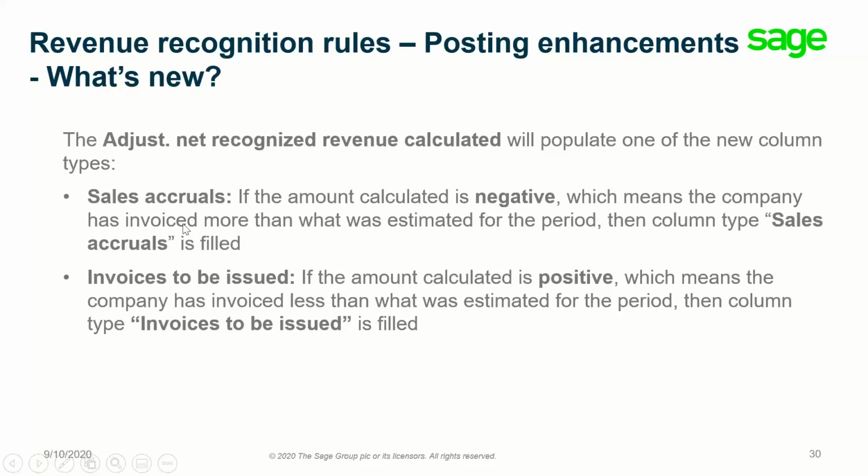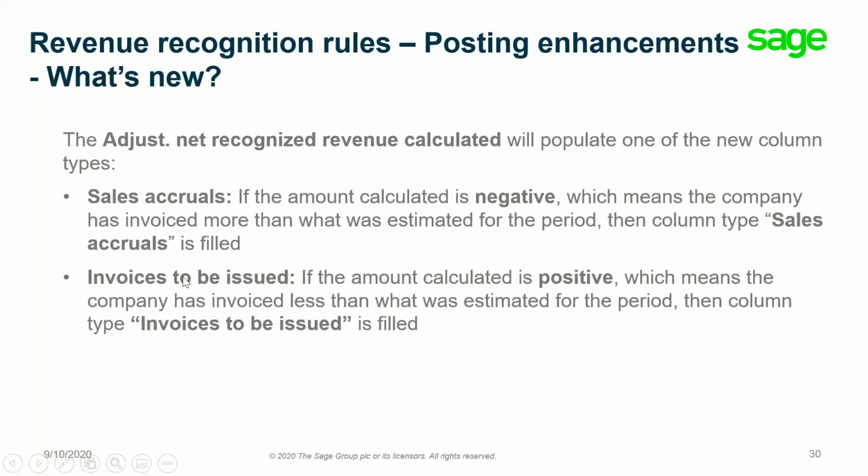So what does sales accrual mean? It means that my company has invoiced for a project more than what was estimated for the period based on the project completion percentage. And what if this amount is calculated, but positive?